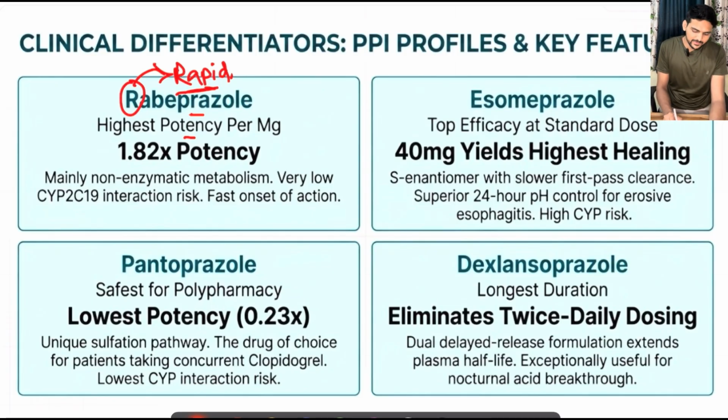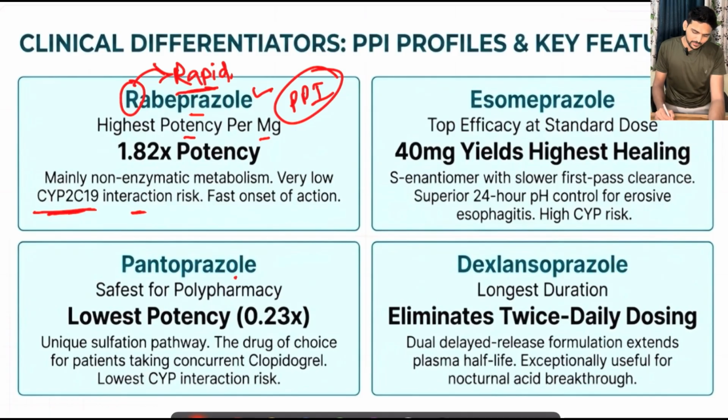Also, there is very low risk of interaction with other medications which get metabolized with this particular enzyme. So overall we can say fast onset of action with minimal drug interaction, but when it comes to potency, we can say it has some standard potency. So we can choose rabeprazole as the go-to PPI whenever we are thinking of utilizing this particular group.